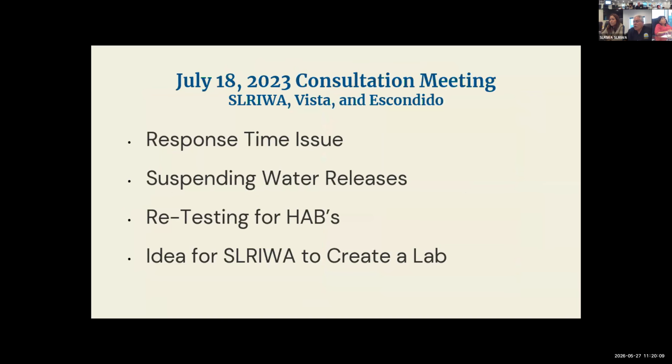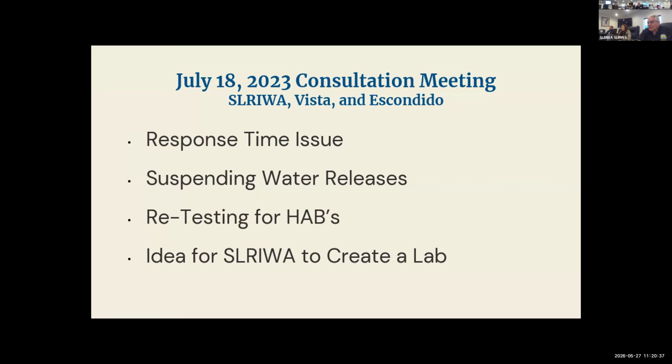Though our communication was improving, during the settlement and implementing parties consultation meeting on July 18, 2023, hosted by the La Jolla Reservation, a comment was made by the local entities that receiving HABs testing results would sometimes be delayed, and that is when our previous president, Bo Mazzetti, made the announcement of, what if we started a lab?